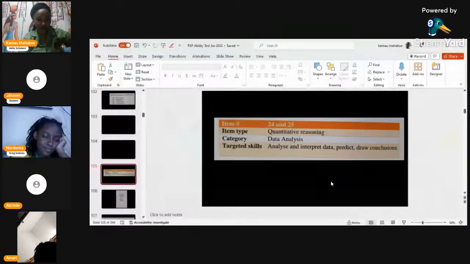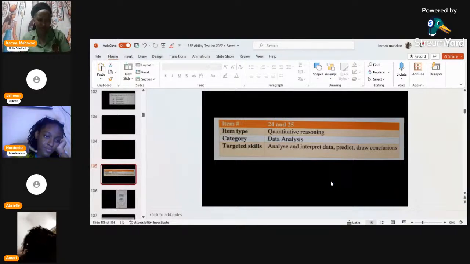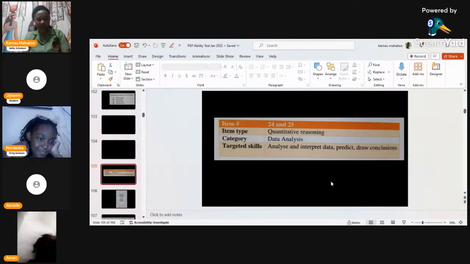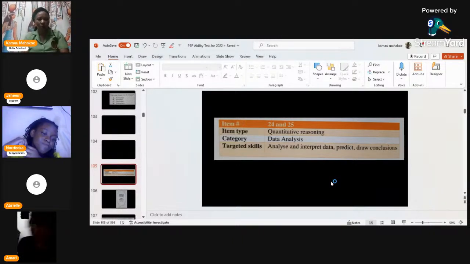So we're continuing with the questions that we were doing yesterday. We stopped at 23 and we're going to continue now. Items 24 and 25, and this is the quantitative reasoning, under the category of data analysis.